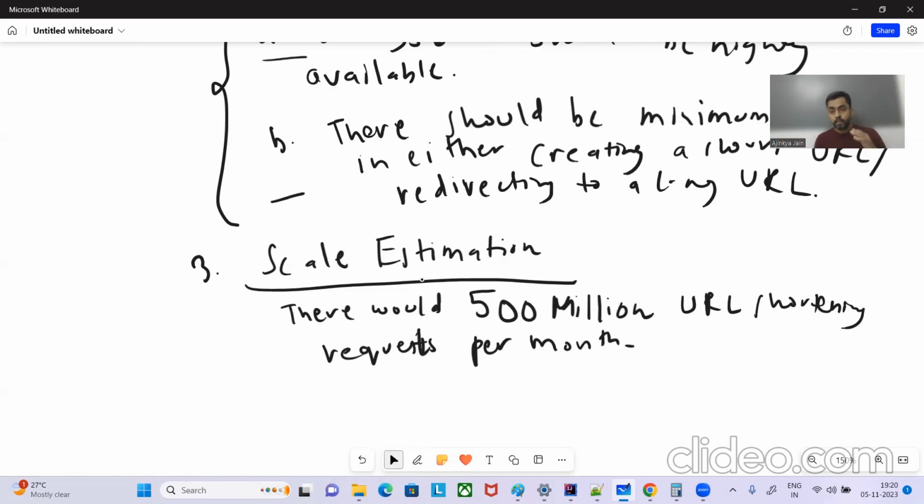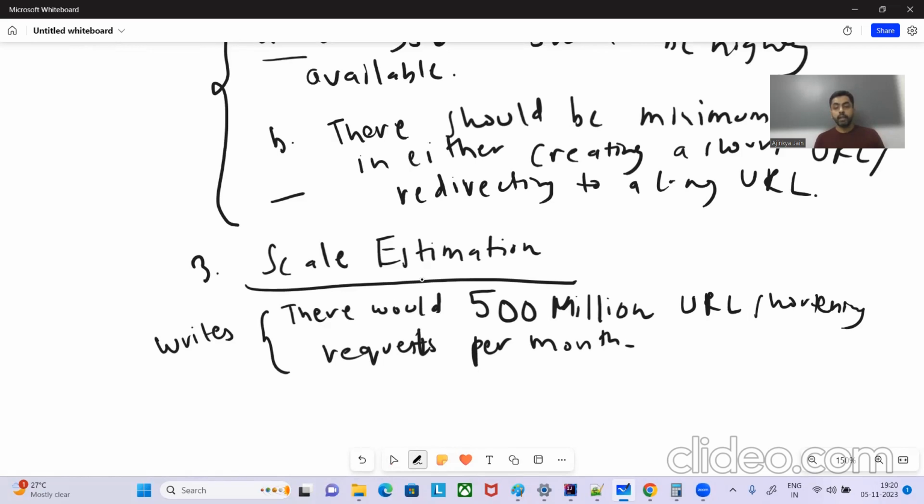That is, 500 million long URLs will be provided, and our system should be able to provide the corresponding short URLs. This will be the writes into our system.